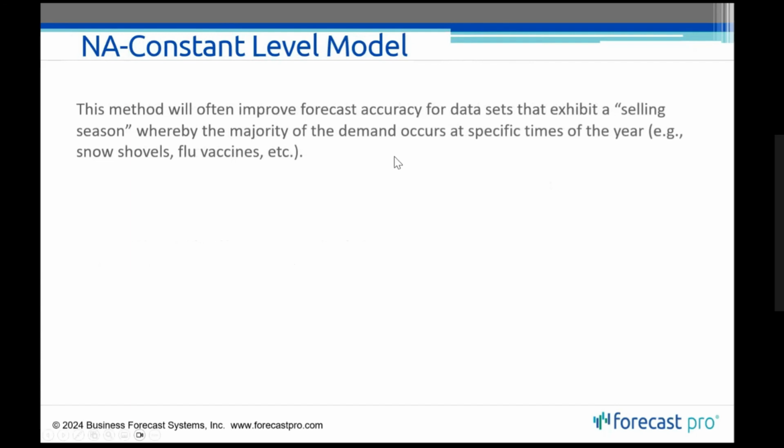The method will often improve forecast accuracy for data sets that have what I call a selling season. So think about things like snow shovels or flu vaccines. There's only certain times of the year where you're going to sell snow shovels. In North America, during the winter, we're going to sell snow shovels. In the summer, not so much, and most of the stores won't even have them out in display, for example.